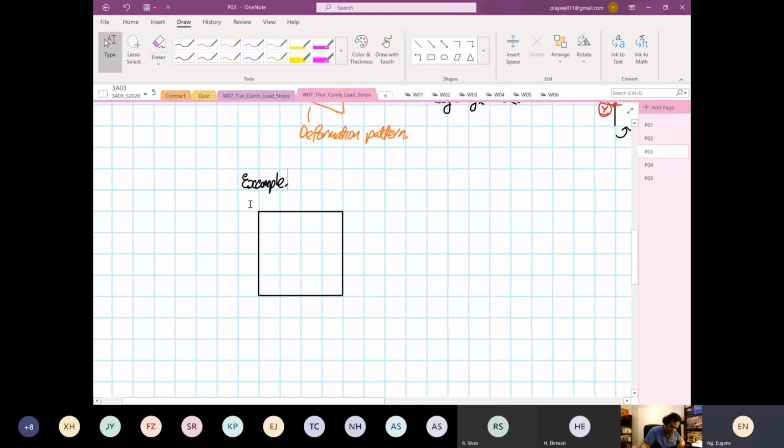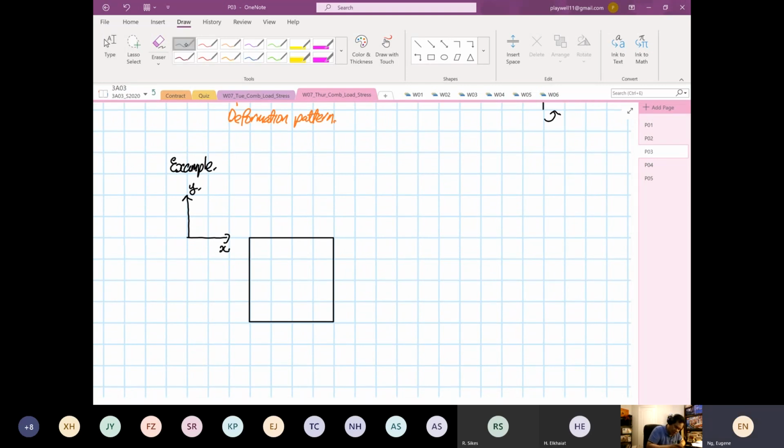So an element, this is X and this is Y. On the element over here, you have 30. And then over here, you have 40. And then you have this, as in you have it in 15.